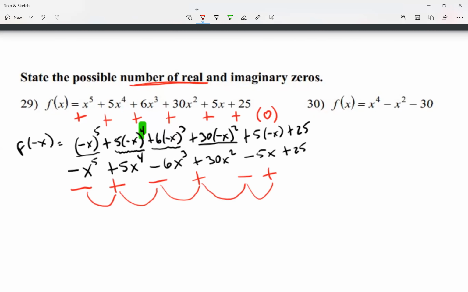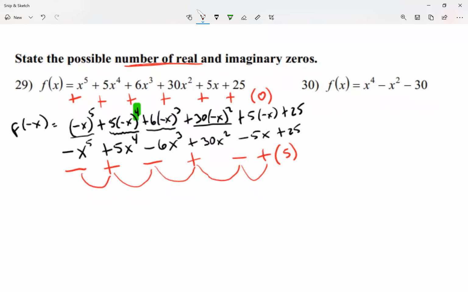There were a total of 5 changes. So on the right side of the y-axis, this function can cross the x-axis 0 times. On the left side of the y-axis, it can cross it up to 5 times.